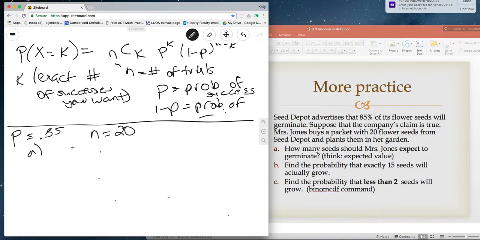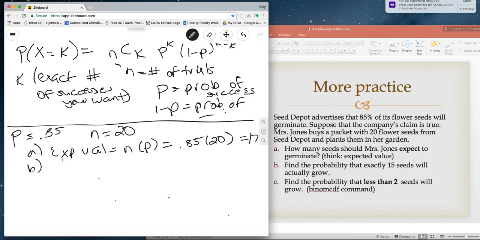Because how many should I expect to germinate? Expected value is N times P. And so we're going to do 0.85 times 20. And that equals 17. So out of the 20 seeds I plant, it is reasonable to think that 17 of them will germinate if this is a true claim.